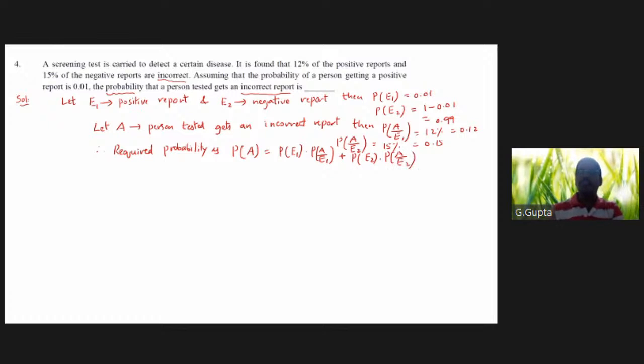So this simplifies to 0.01 into 0.12 plus 0.99 into 0.15. Please check. Approximately 0.1497. Please check.